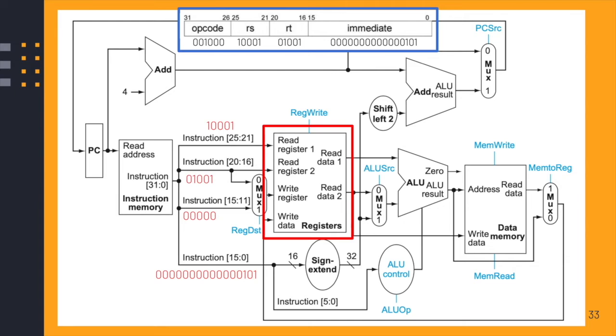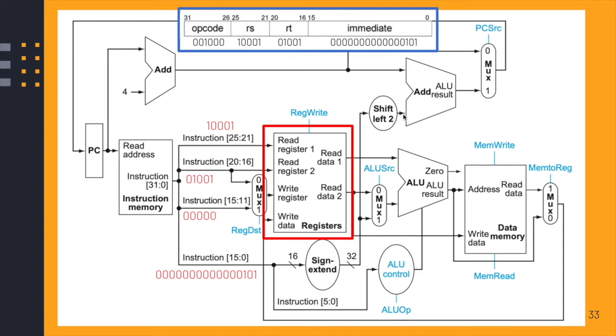Or to move from one instruction to another, we need to add 4, because one word equals 4 bytes, and each instruction consists of 4 bytes, or one word. So to move from a word to another, we add what? We add 4. So we have here this adder that takes in the program counter value and the immediate value of 4, and then results here in the PC plus 4.